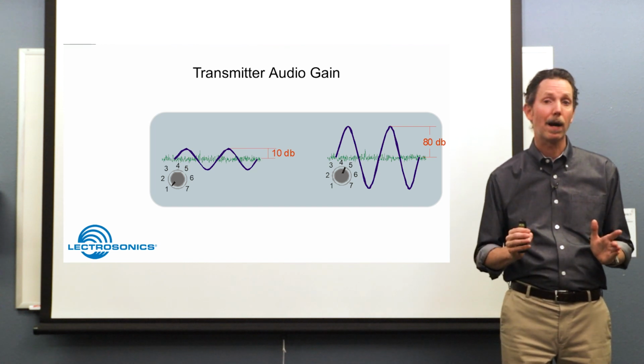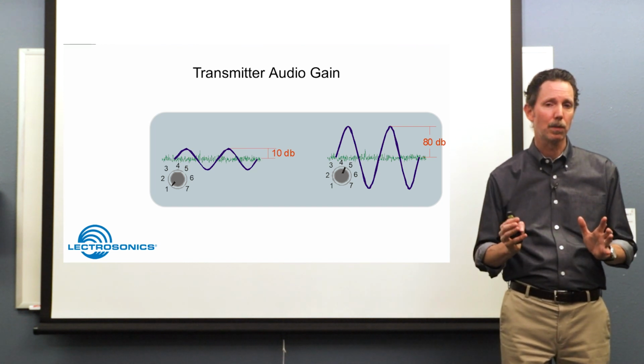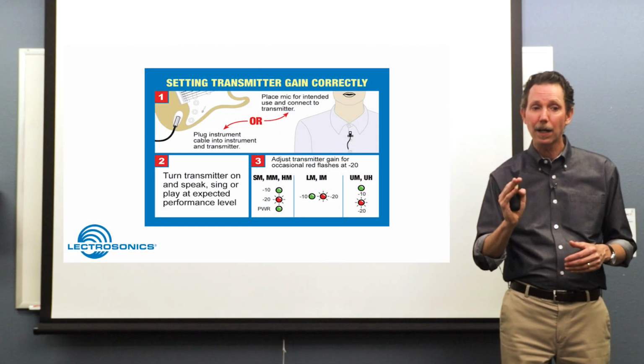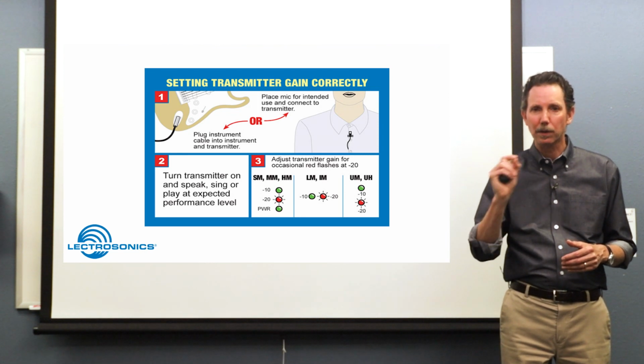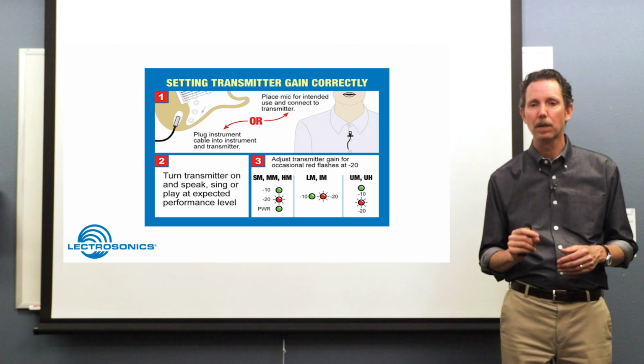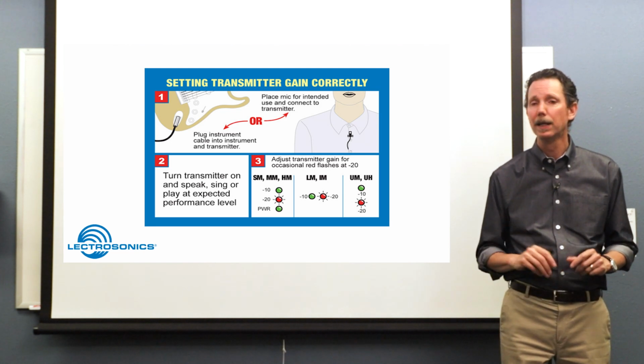You can think of a wireless mic system as a microcosm of the audio system. In fact, we think this is so important that we put a little card in with every transmitter that gives you guidelines of how to set the input high enough to just touch the limiters a little bit so that you know that you're getting the maximum signal to noise ratio, and then you should have good audio.